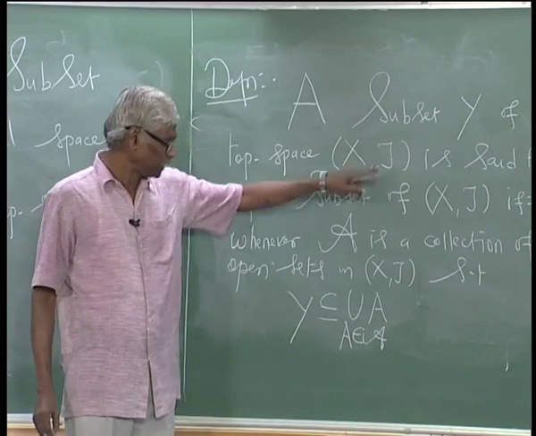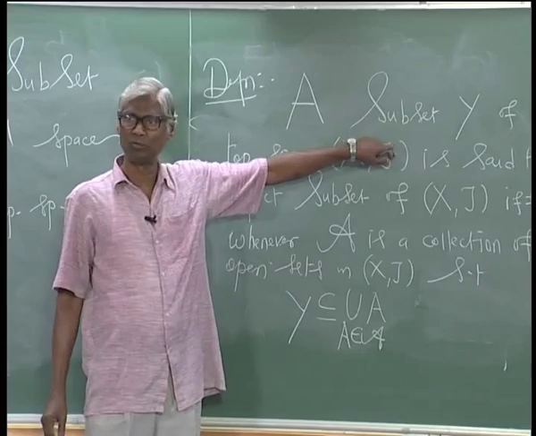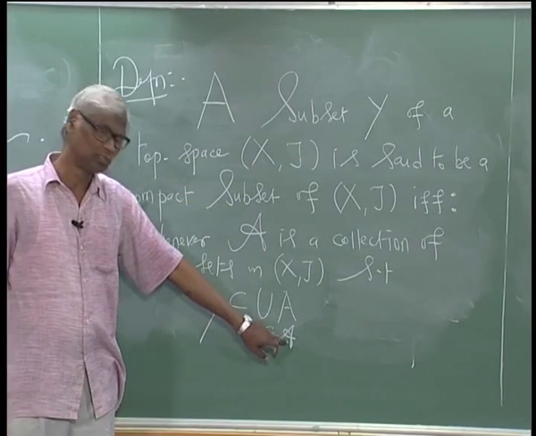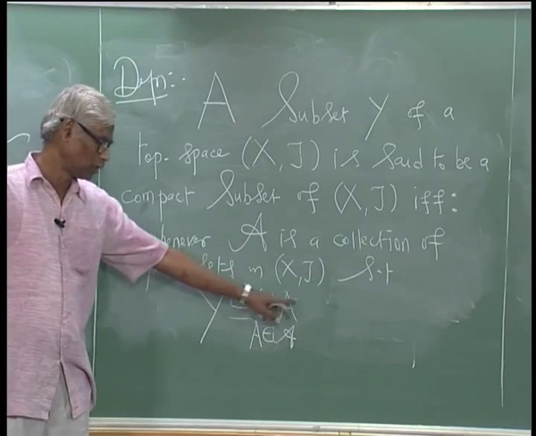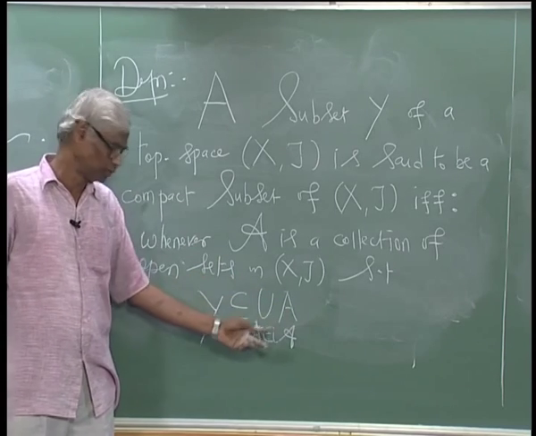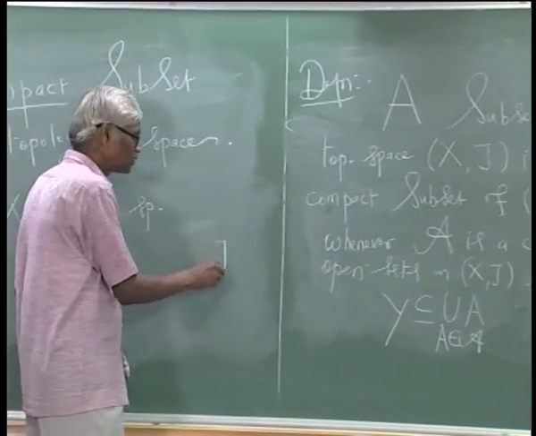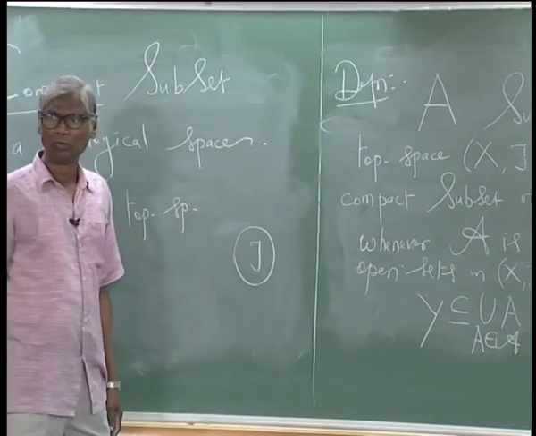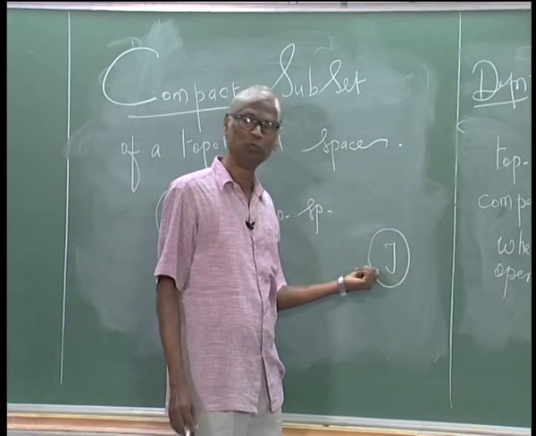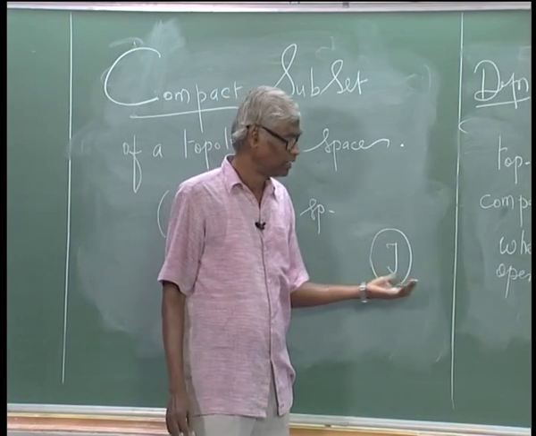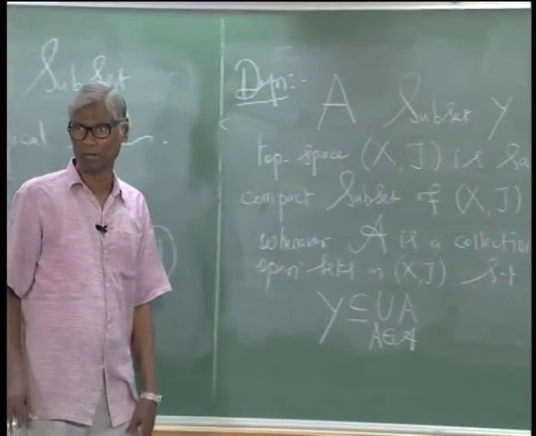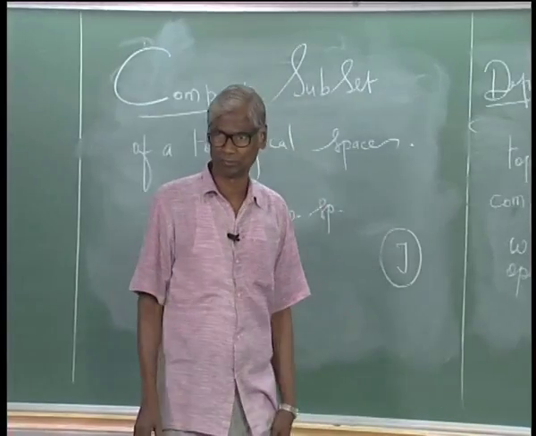So if we take script A equal to tau, then the union of A belonging to tau will be the whole space X, and Y is a subset of X. So in particular you will always get an open cover, but tau in general contains a large number of open sets.